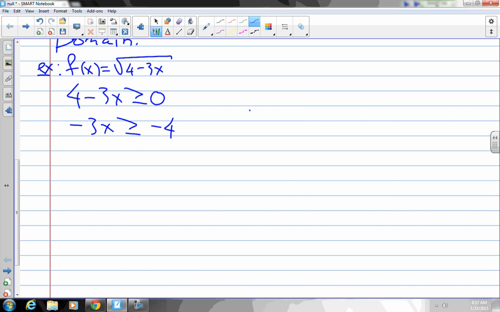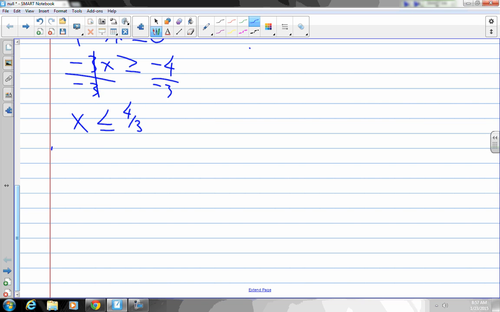Subtract 4 from both sides, right? And then divide by negative 3. Now, what do we need to remember when we're dividing by negative 3? Yeah, reverse the sign. So x is less than or equal to 4/3. Right? So we can express this in interval notation.